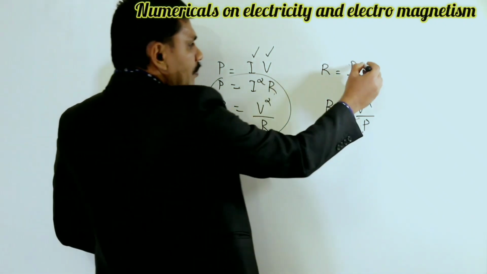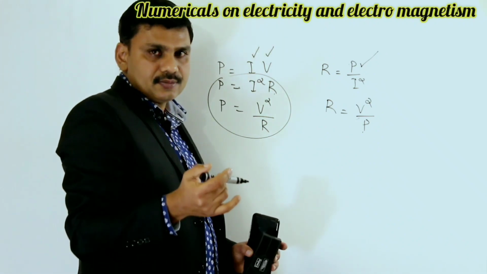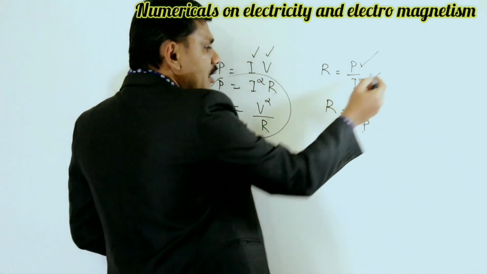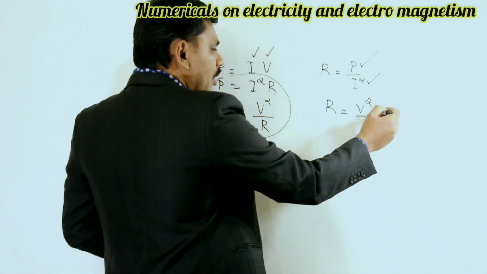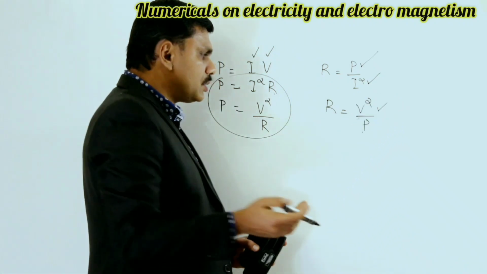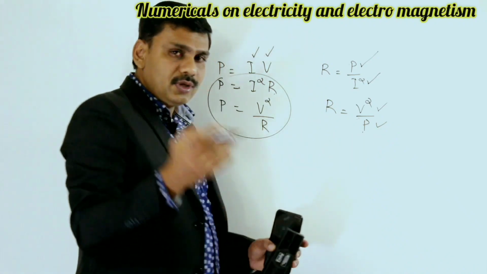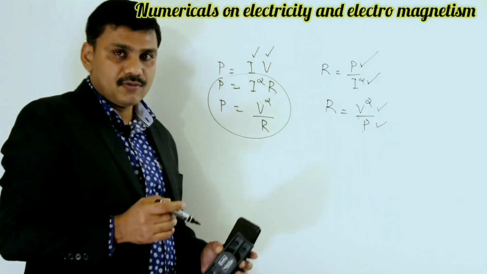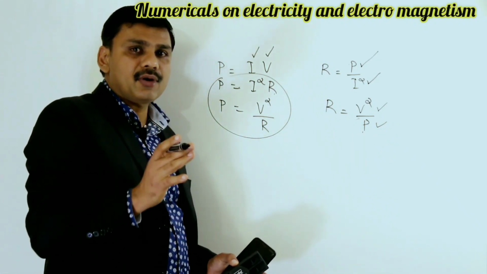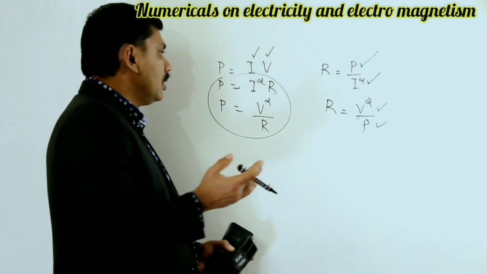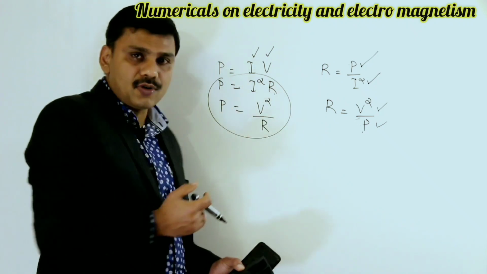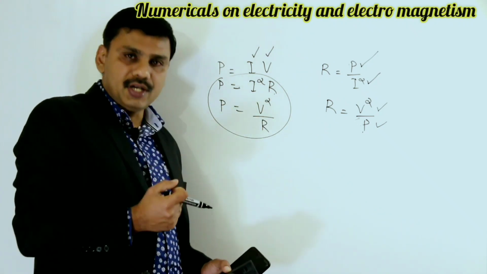So if the power you can calculate, and I is given in the question, maybe. And here the voltage is given in the question, power you already calculated. So you can use any of these two equations for calculating the resistance of the device.